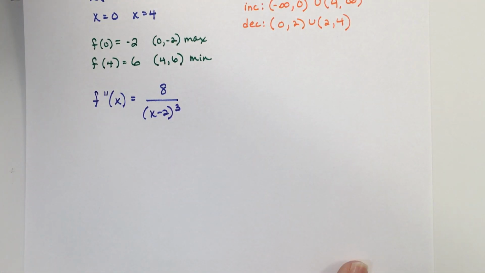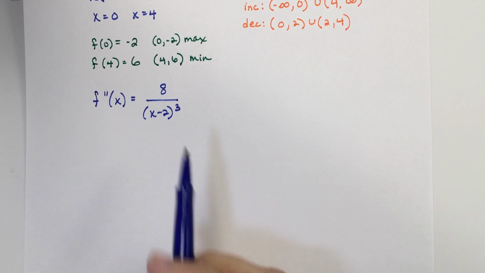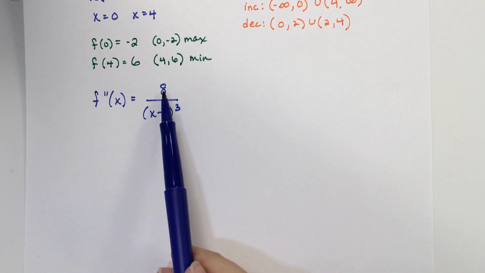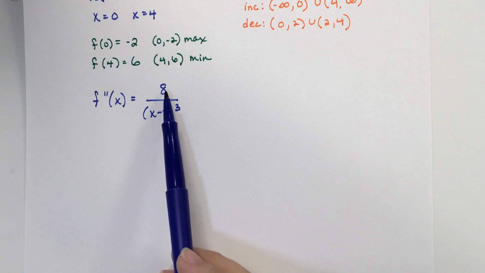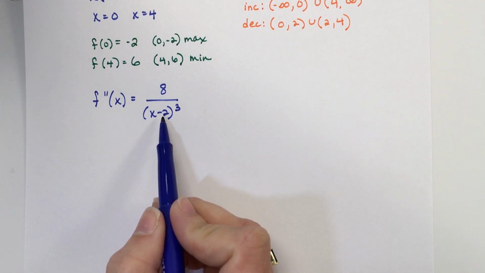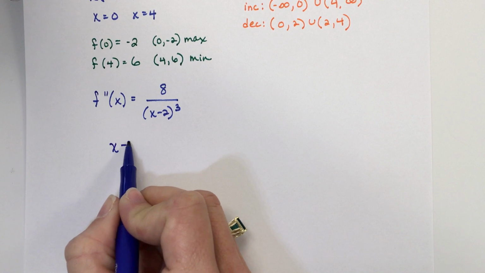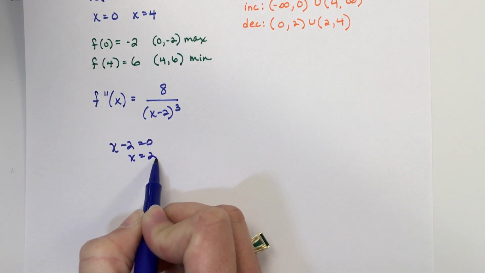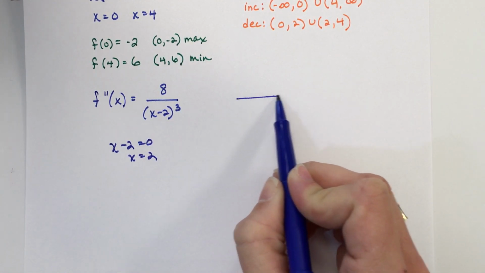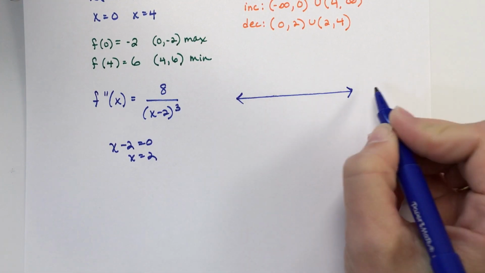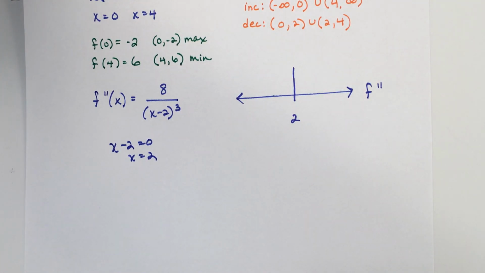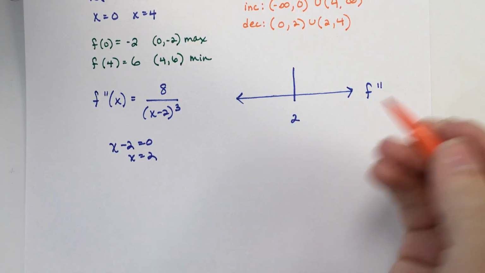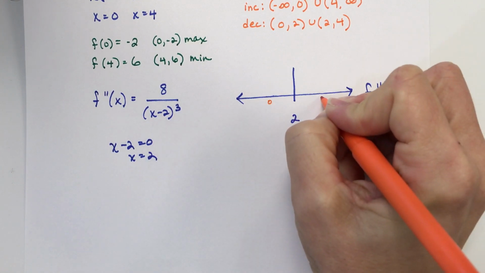Now, when I go to find out what values cause this to equal 0, this is actually not ever going to be equal to 0, because that's the part that comes from your numerator, and your numerator's locked in at 8. But I can find a value where it's going to be undefined, and that's going to be at x equals 2. So for my sign graph with my second derivative, I will only have the positive 2 to put on that. All right, your test numbers, so I'm going to use 0 and 3.